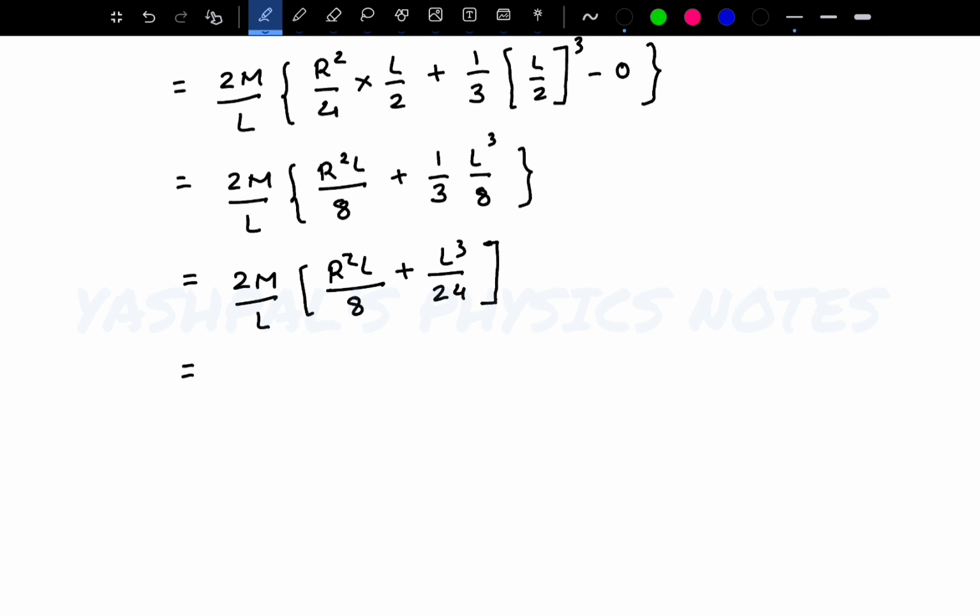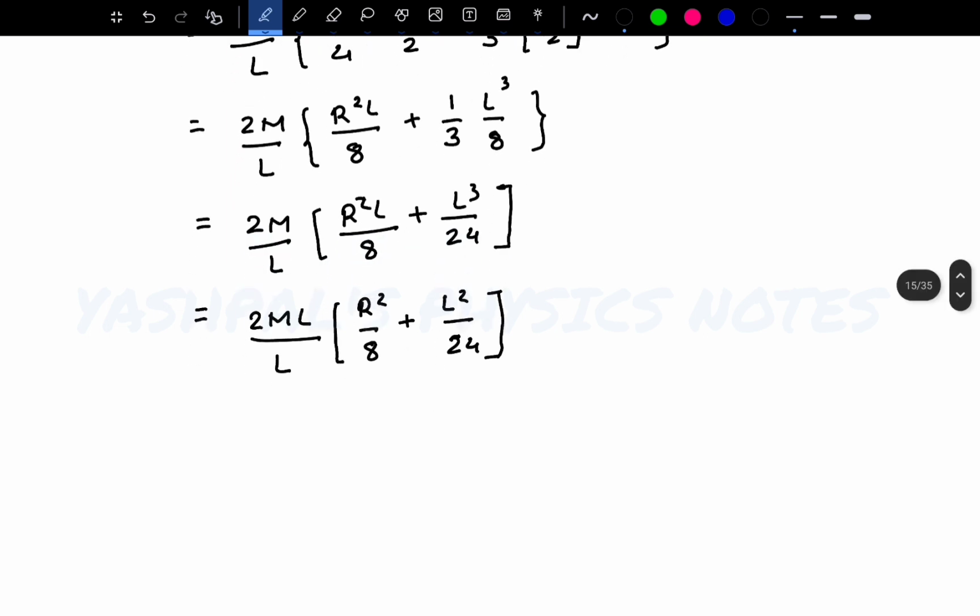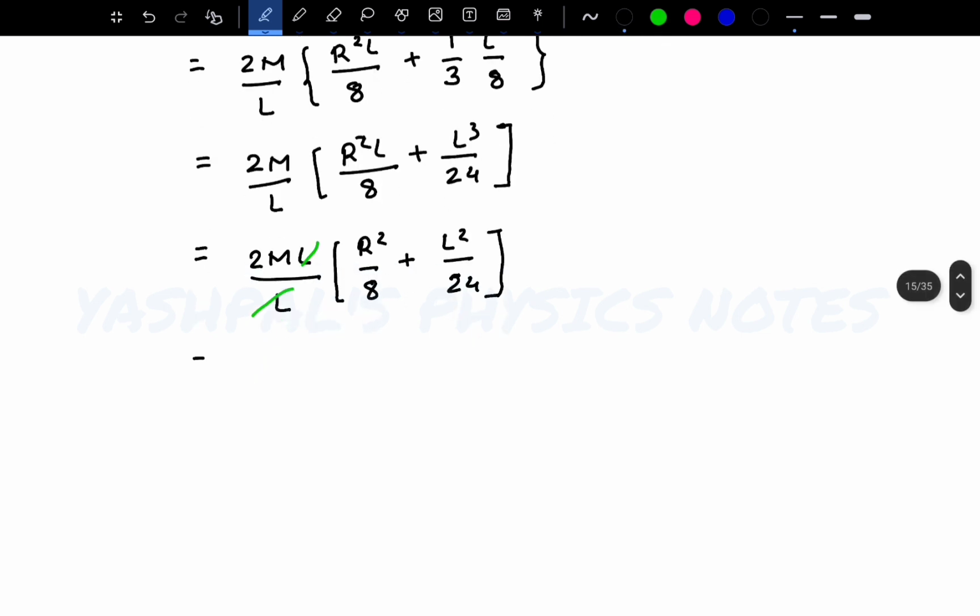So here I can write twice m L upon this L, and what I am remaining with is R square upon 8 plus L square upon 24. So here I can cancel out this term, this with this, and write the remaining terms.